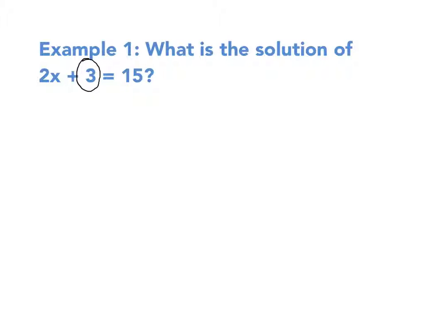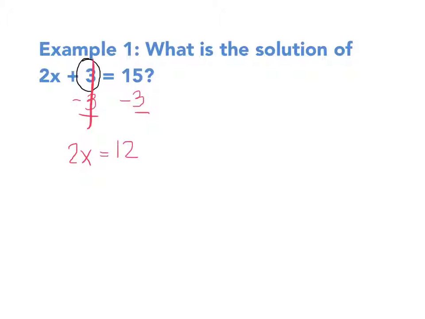So that is positive 3. So what I'm going to do to move positive 3 is subtract 3 from both sides because I want that to be 0. I want it to be gone. And 3 minus 3 is 0. And I have to do it to the other side to keep it a balanced equation. So 2x equals 15 minus 3 is 12.